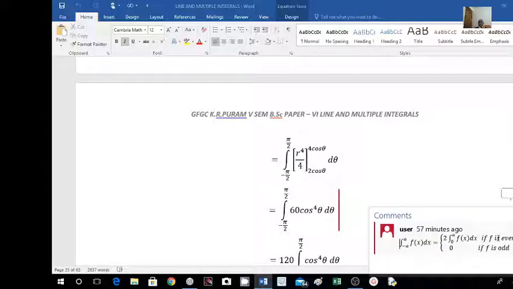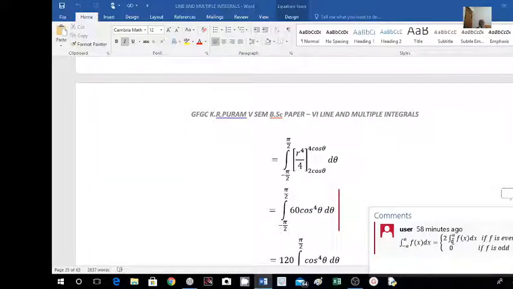If I replace x by minus x and there is no change in f, then we say it is an even function. For example, x square is an even function because if you replace x by minus x, whole square is the same as x square. Similarly x to the power of 4, x to the power of 6. And cos is also an even function because cos of minus theta is equal to cos theta itself. But sin theta is not an even function. Sin theta is an odd function. Sin of minus theta becomes minus of sin theta.